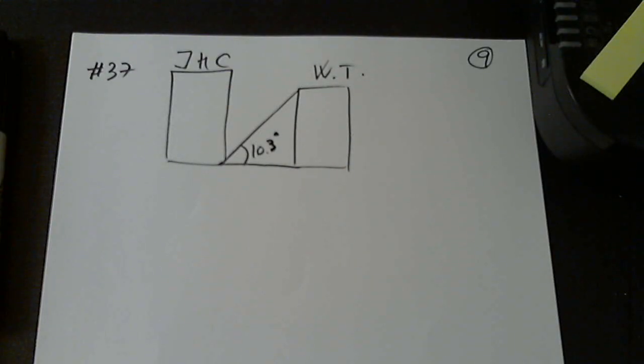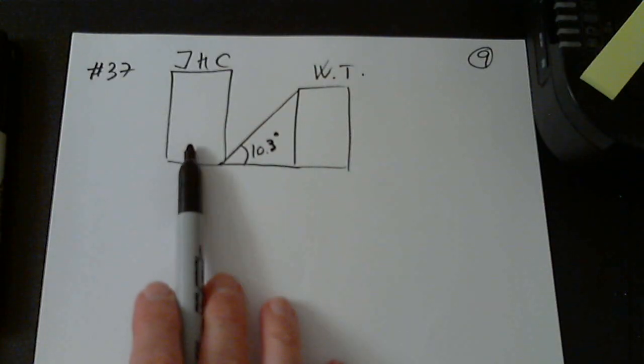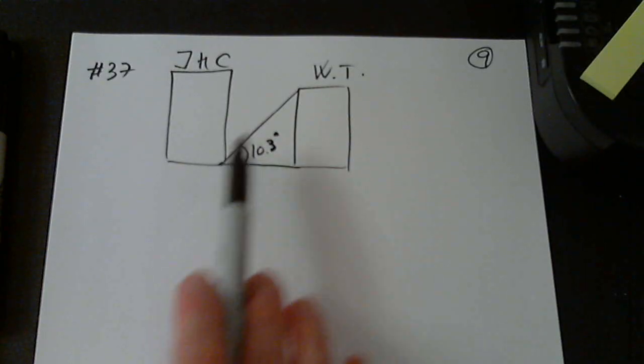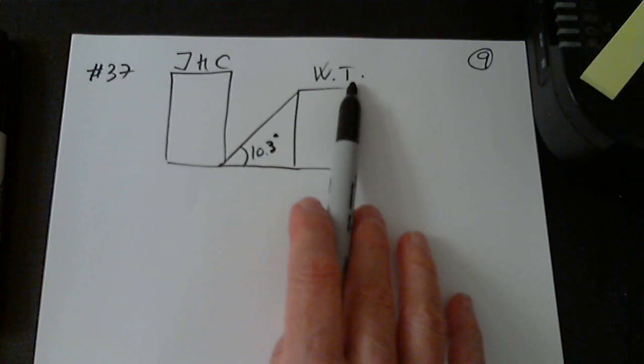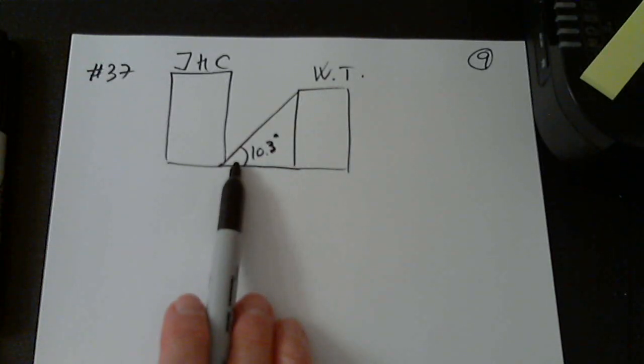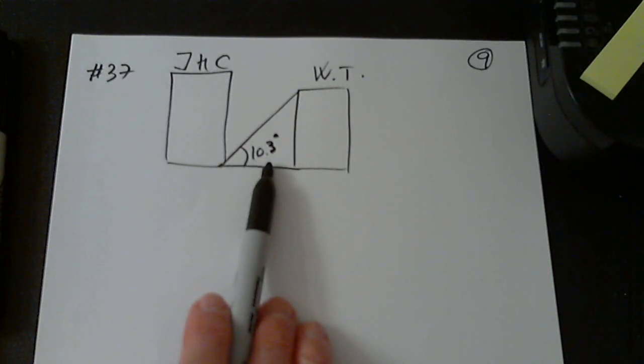So this is my understanding. If this is the John Hancock Center from the base till the top of the Willis Tower, this angle is 10.3 degrees.